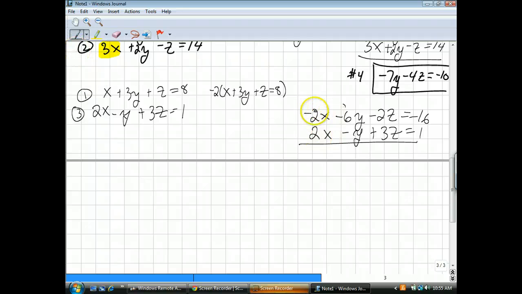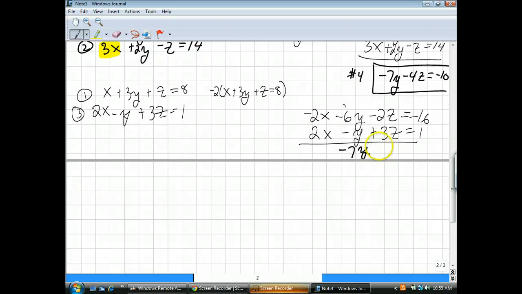Notice that the x's add up to 0. This is negative 7y plus 1z equals negative 15. So now this is equation 5.